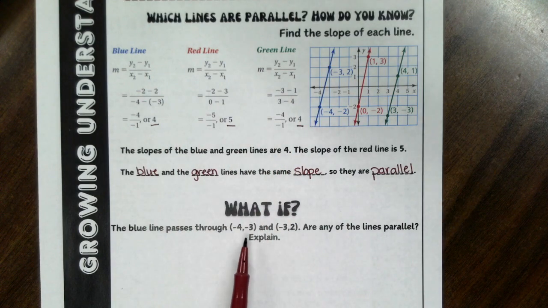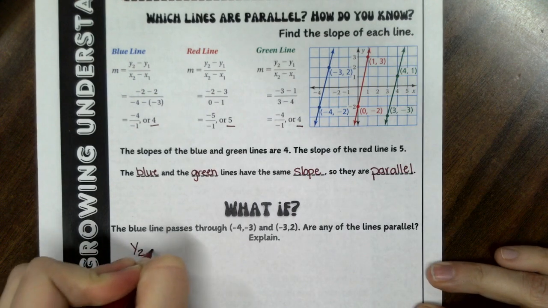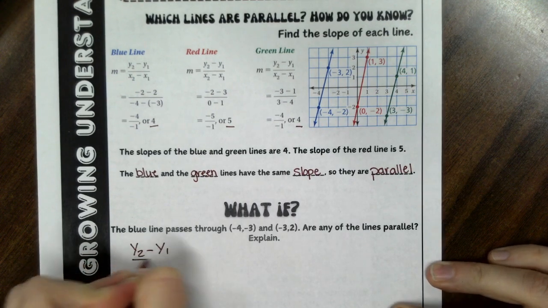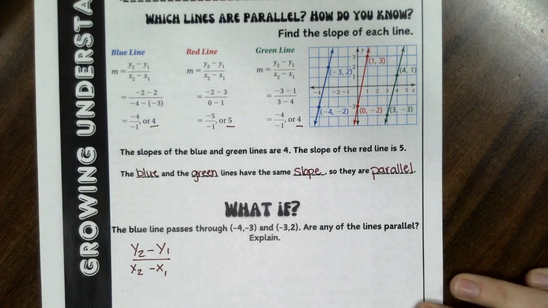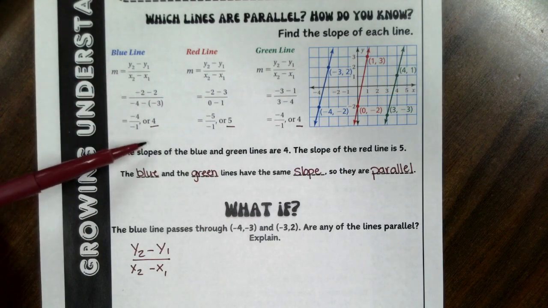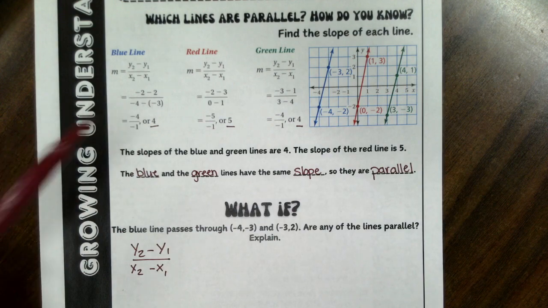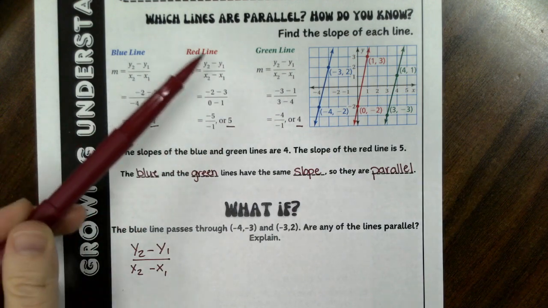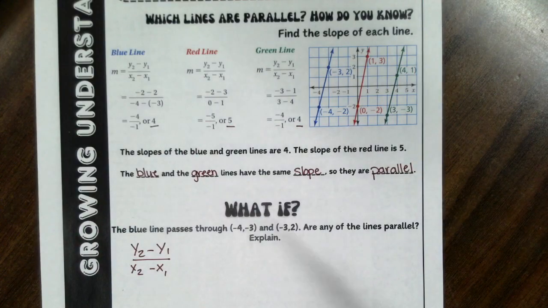So use your formula, y sub 2 minus y sub 1 over x sub 2 minus x sub 1, and solve for your slope to see if the slope will change. Is it going to remain 4? Would it be 5 now? And so it would line up with the red line. You solve that one, and then you'll be done. Then you can check this off.